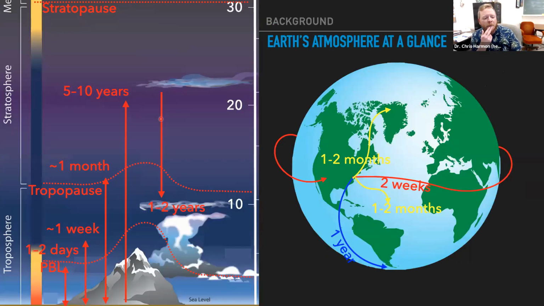Why that's important is because we consider how air circulates around the globe. In the planetary boundary layer and in the troposphere, this is quite fast. As you can see from the figure here, in the northern hemisphere mid-latitudes, air can circulate around the globe in a period of 1 or 2 weeks.